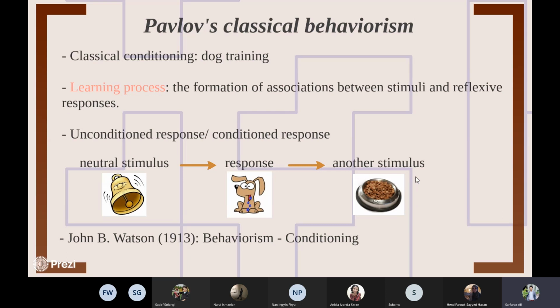He associated the bell, the tone, with the food, until the dog acquired that response. In other words, the response was the conditioned response. So he repeated those occurrences until the dog got it.